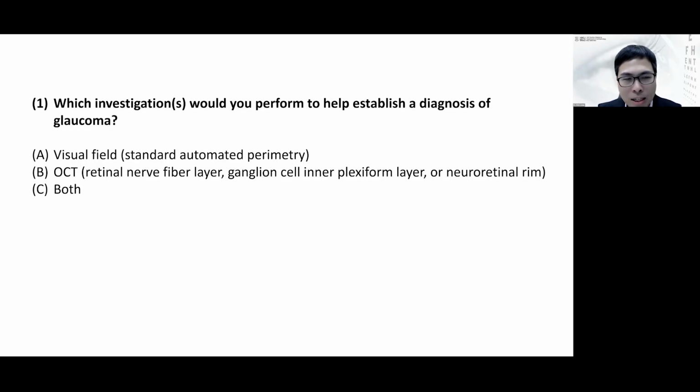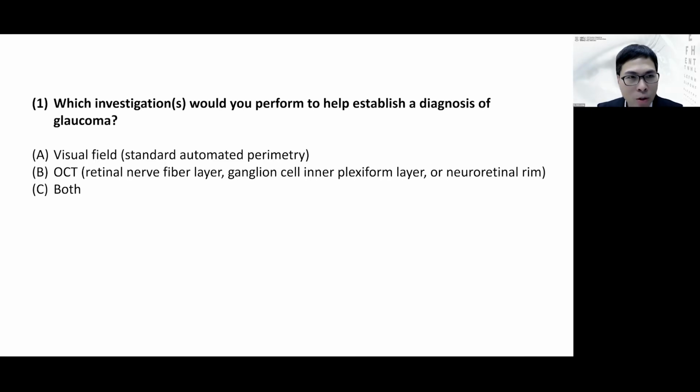Question number 1, which investigation would you perform to help establish a diagnosis of glaucoma? A, visual field, B, OCT, C, both. Here is our answer. So 86%, almost all of you will use both OCT and visual field to establish a diagnosis of glaucoma.